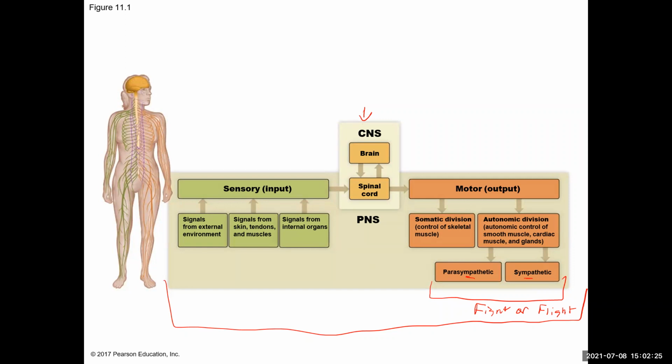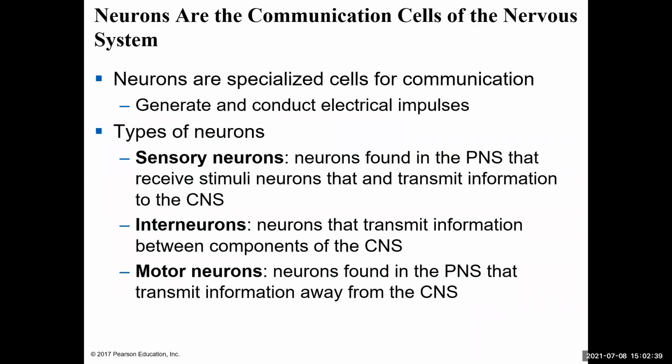Now, in each of these divisions, whether it's the peripheral nervous system and its subdivisions or the central nervous system, all of these systems use neurons for communication. Neurons are specialized cells for communication in the nervous system, and they generate electrical impulses that send information from neurons to neurons or neurons to target cells.